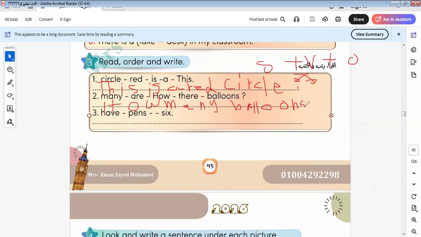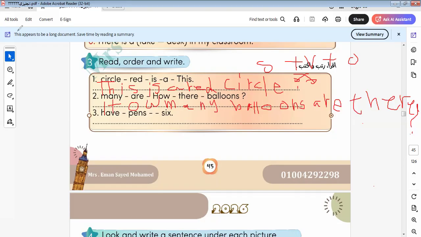And I put a question mark at the end of the sentence. Don't forget, if the sentence is in question form, to put the question mark at the end of the sentence.